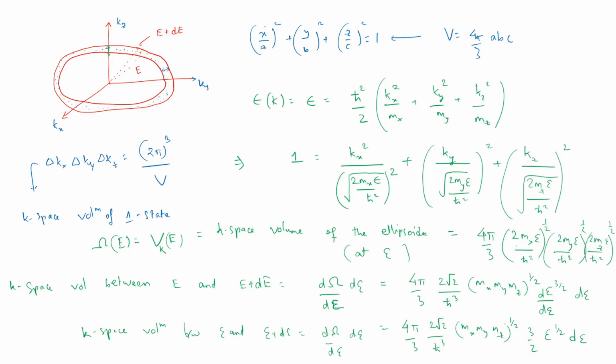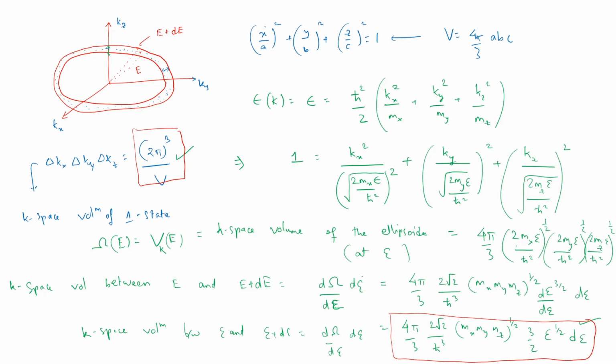Now what we want to do is find the number of these points. So the number of k states will be this quantity divided by the k space volume of one state. So now all we need is to divide this quantity by this quantity.